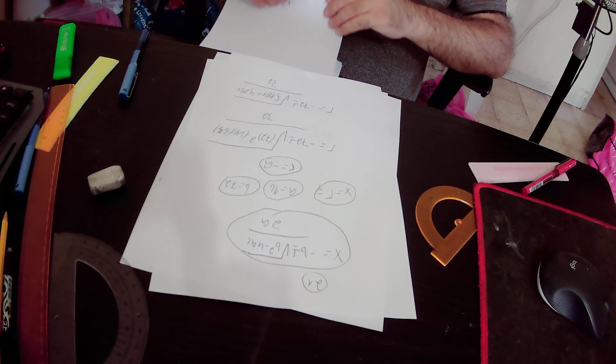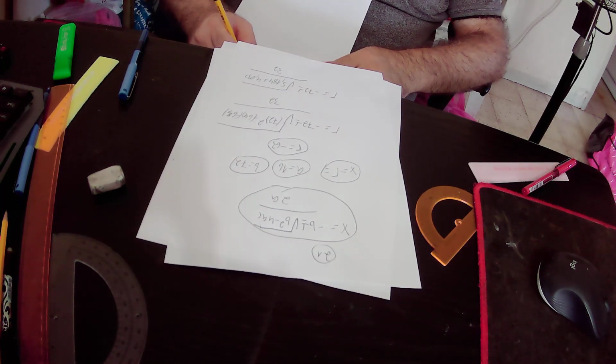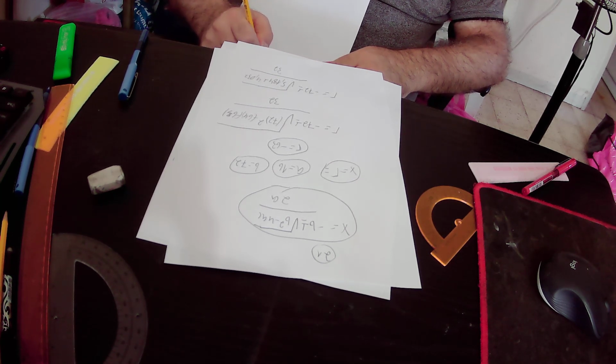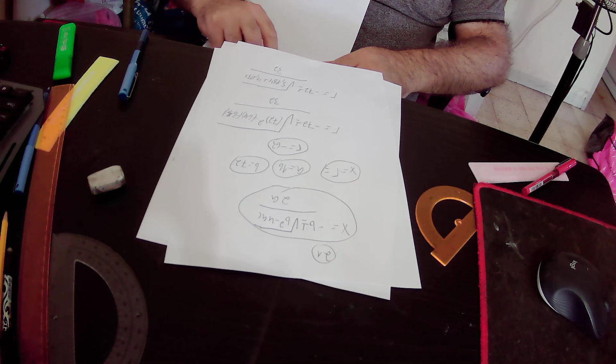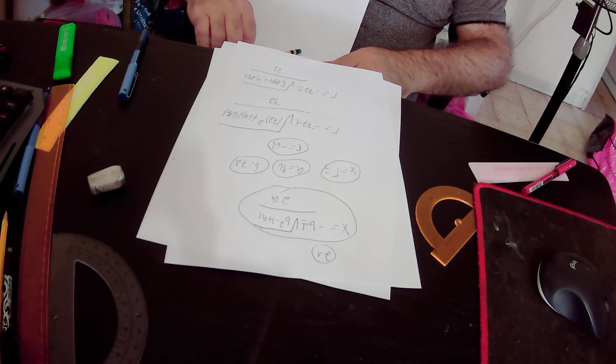So r equals minus 72 plus or minus the root of 5,184 plus 4,032, which is 9,216.